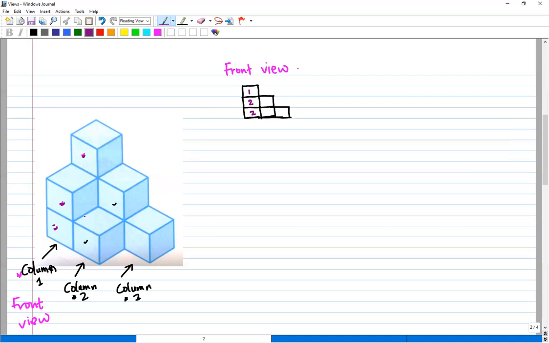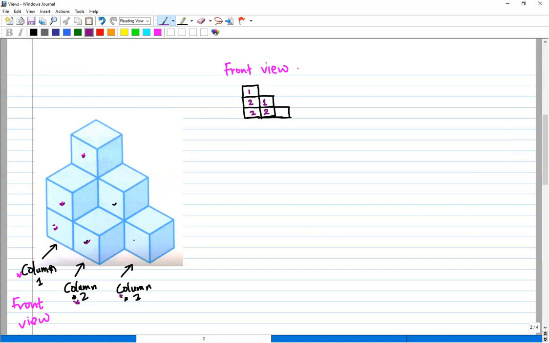Now we talk about column number 2. Column number 2, level 1, it has got 2 cubes. You see this one in front, and there is 1 behind this one. So we write here 2. And then level 2 of column 2, it has only 1 cube. Okay. Now, we talk about column number 3.